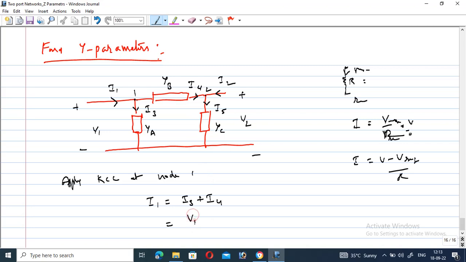If it is an impedance it is 1 by Z, and if it is an admittance, I is equal to (V minus V reference) into Y. The reference node is equal to 0, therefore V reference is equal to 0. Therefore I3 is V1 into YA, plus what is I4? I4 is the difference of these two nodes, right? V1 minus V2 into Y4.